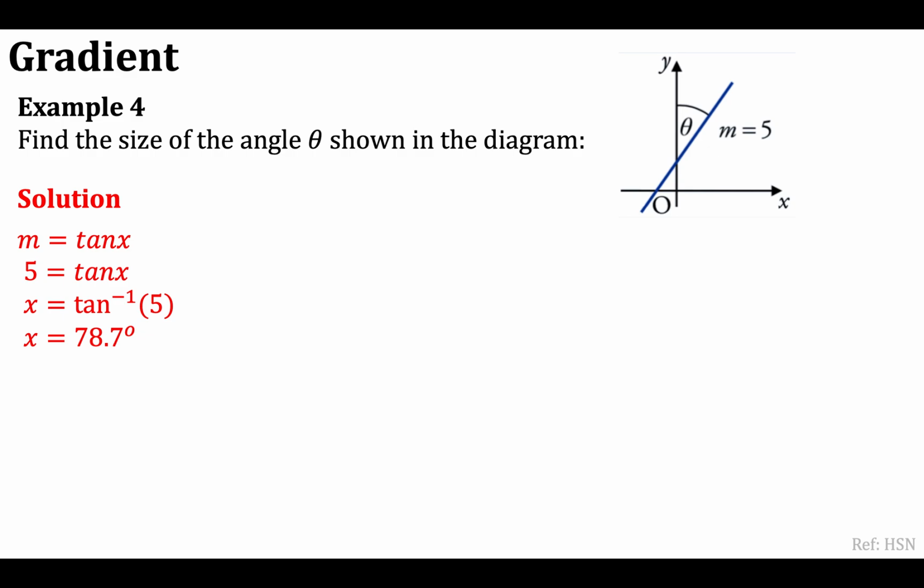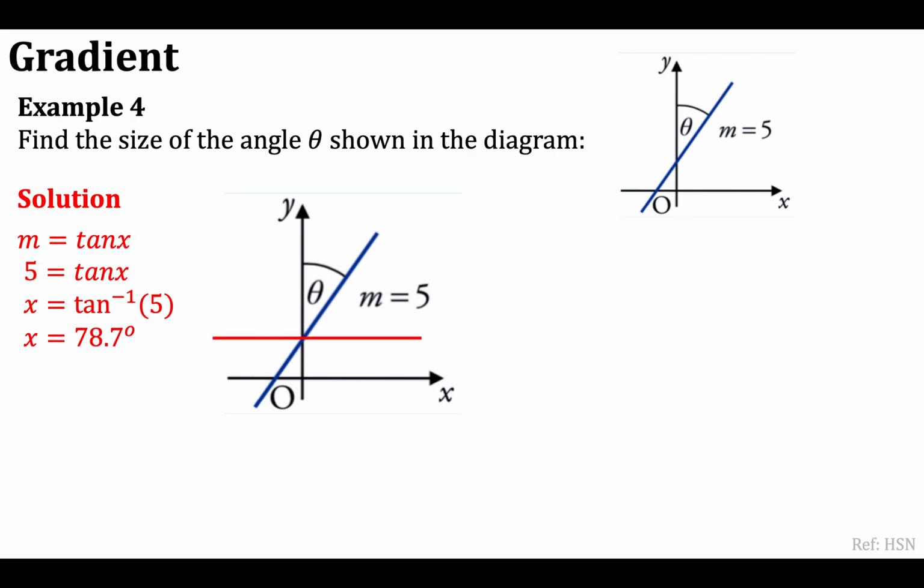which is 78.7. Now, 78.7 is actually this angle here, or this angle that the line makes with the positive direction of the x-axis. Okay, so you can see here that we've got corresponding angles. You might have referred to that before as an F angle.